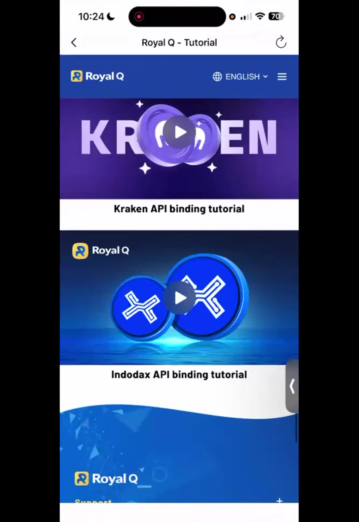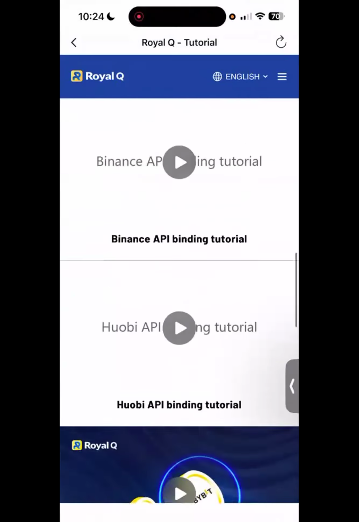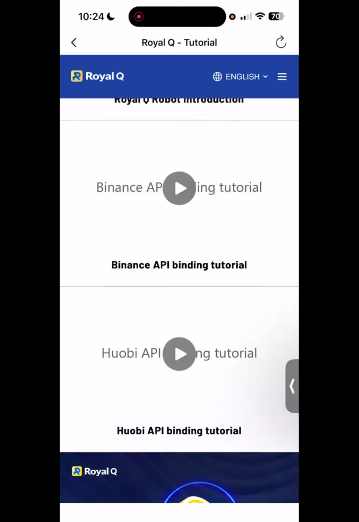Now, when we scroll down, you will be able to see the API tutorials. Someone is like, can you help me with the Binance API? Please, it is here. The video is here. Save it and send it to your prospect, your new member, or whoever you want to share with. They're all on the app.